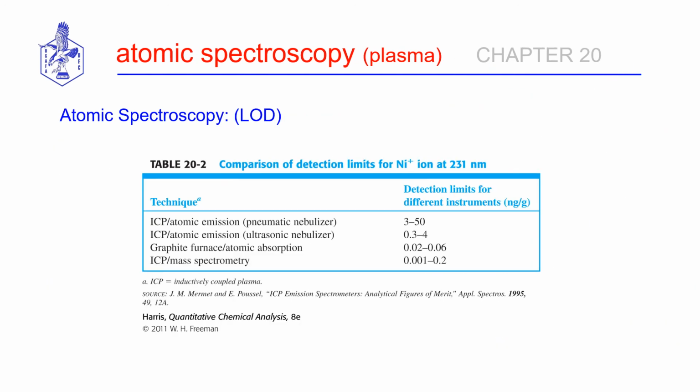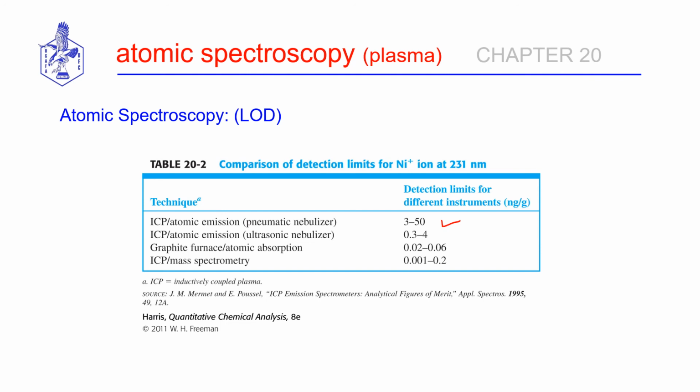So this slide just gives you a comparison for analysis of nickel by the different plasma methods. So the top one is ICP atomic emission spectroscopy, in which the nebulizer system is what we call a pneumatic system. And at that point, our limits of detection in terms of milligram per gram, 3 to 50.